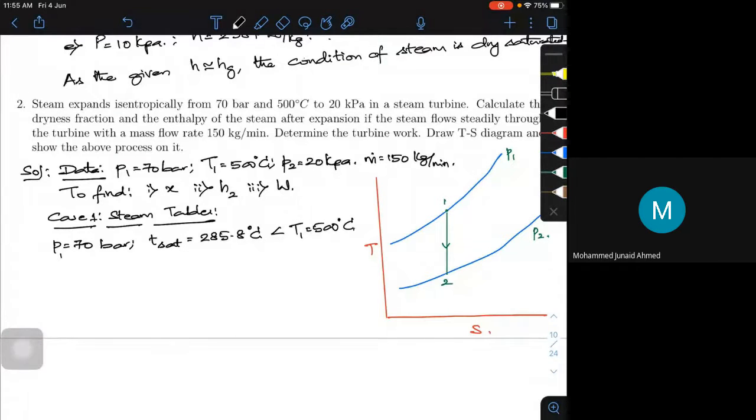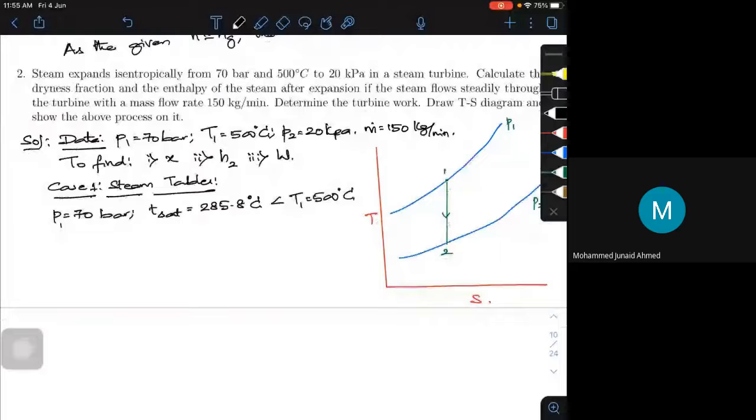So what is the condition of the steam now? As T1 is greater than Tsat, the steam is superheated.